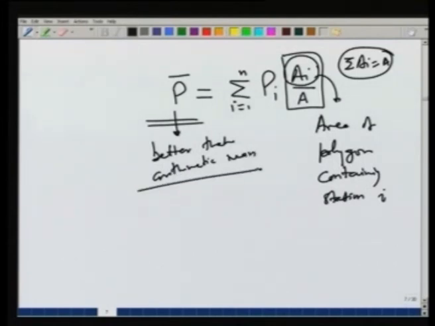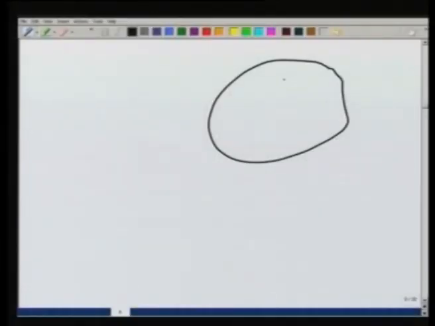But still it does not account for variation in, let us say, topography of the area. So, if we have an area where there may be higher elevation here, suppose we say that this is at higher elevation and there is some rain gauge here, there may be some rain gauge here, the Thiessen polygon will divide the area like this.